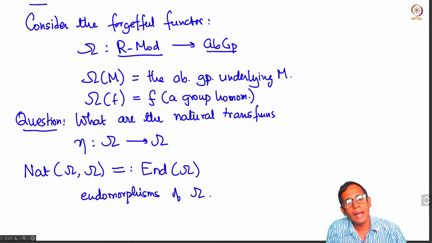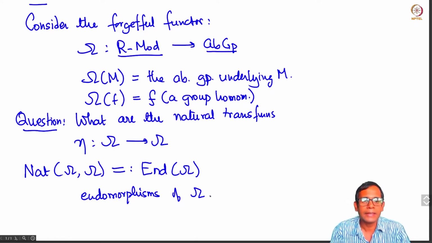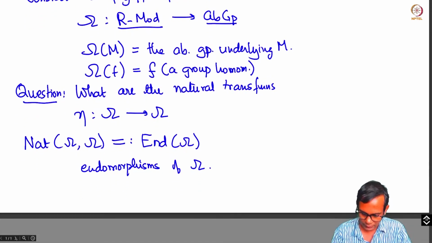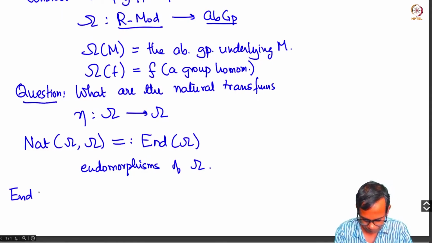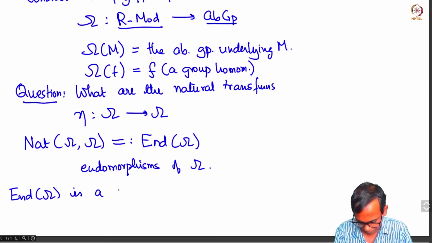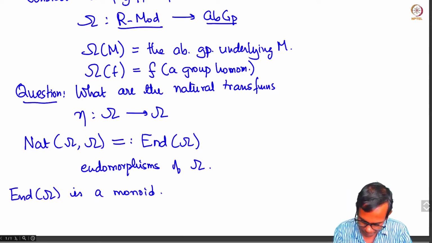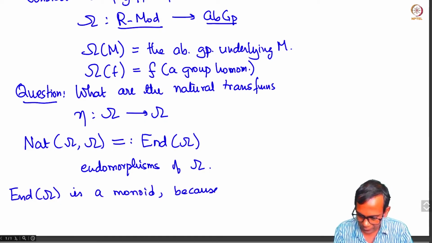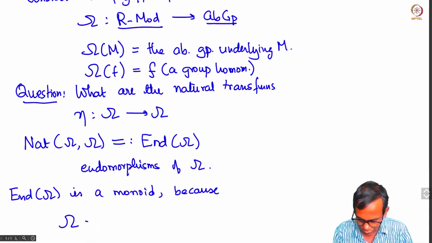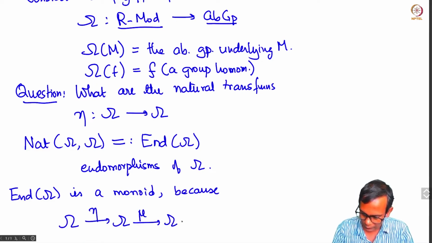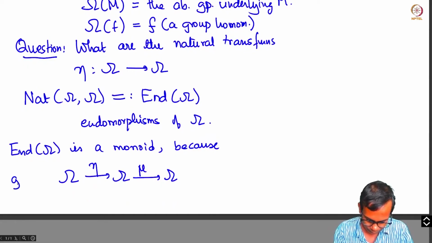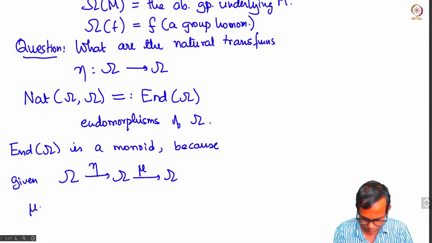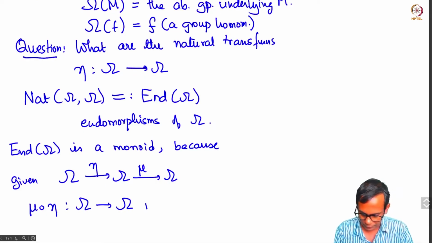Now note that End(omega) is actually a monoid because firstly we have the identity natural transformation from omega to omega, and secondly if you have two natural transformations, eta from omega to omega and mu from omega to omega, then mu circle eta is also a natural transformation from omega to omega.